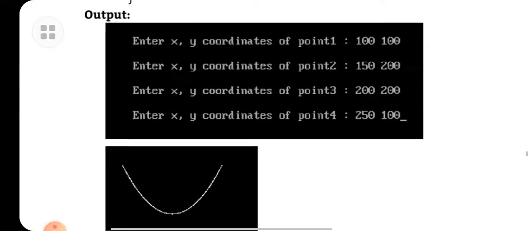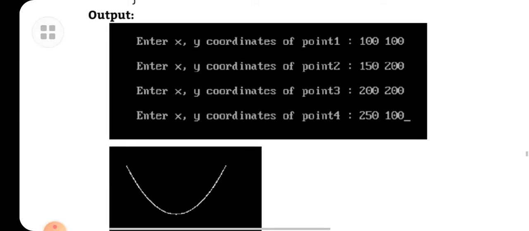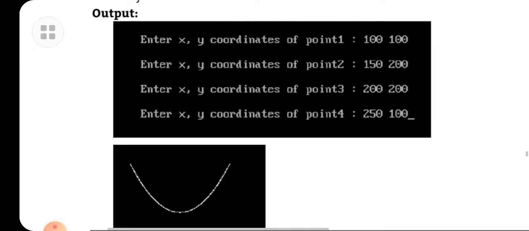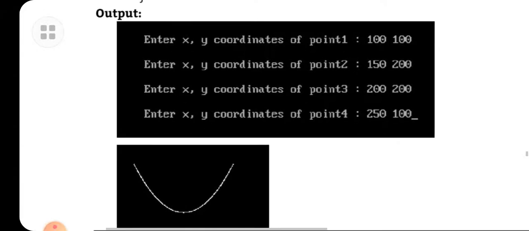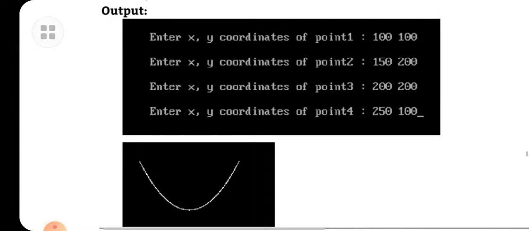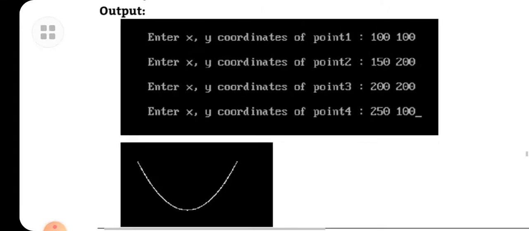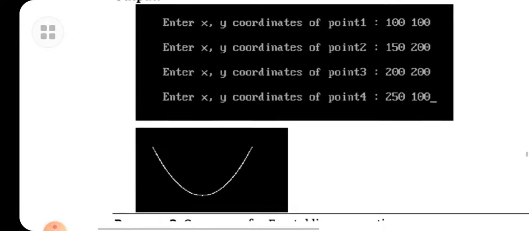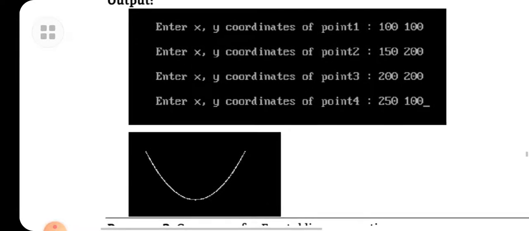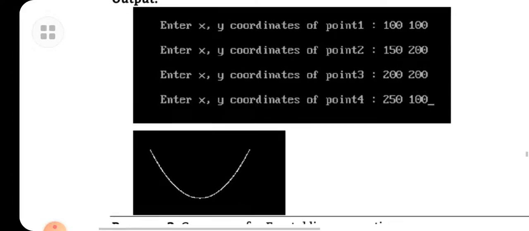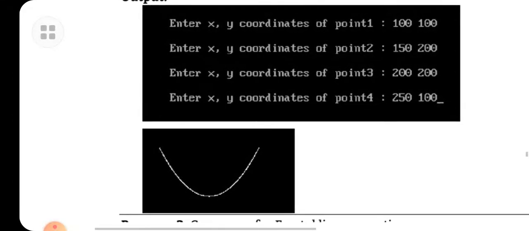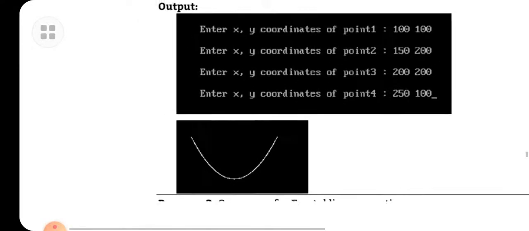For the coordinate values, for example 100 and 100 are given for the x and y coordinates of point 1. For point 2, 150 and 200, point 3, 200 and 200, and point 4 is 250 and 100, and different types of values you can enter here for getting the curve as output.